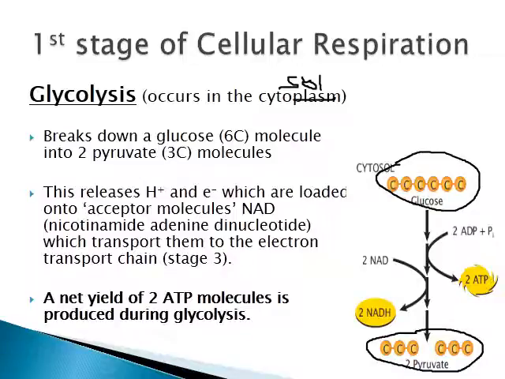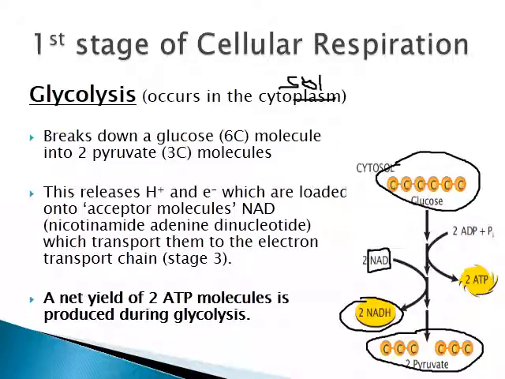And we have our coenzyme here, or our carrier molecule, NAD, which is the cousin to NADP+, which we used in photosynthesis. They have the same role though. So NAD comes in and it picks up the hydrogen ions to become NADH.